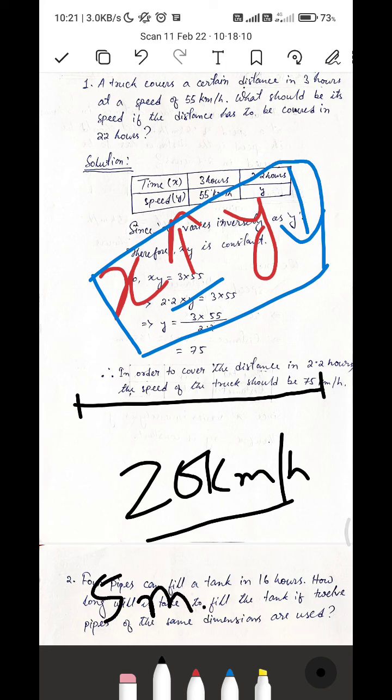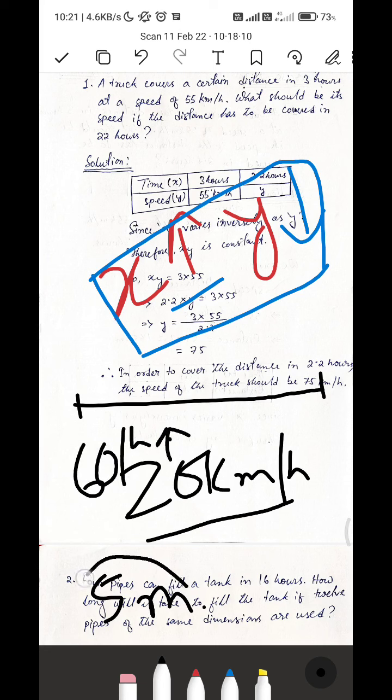Now what would happen, students, if you increase the speed to 60 km per hour? This time the time consumed will decrease. You will reach the destination faster. So we can see that an increase in one variable will cause a decrease in another variable. These are the cases of inverse variation.